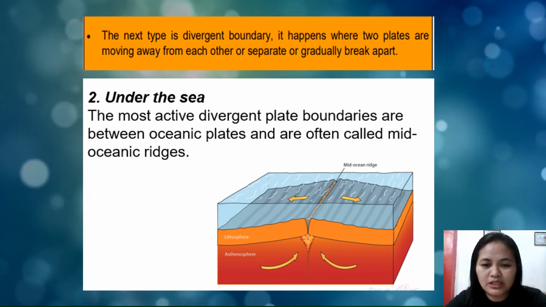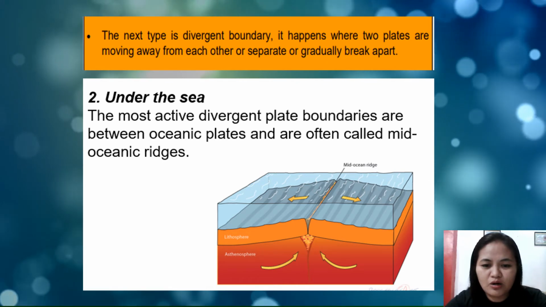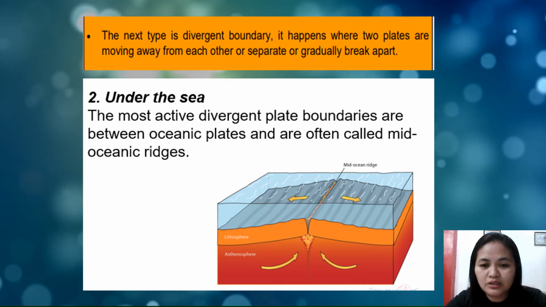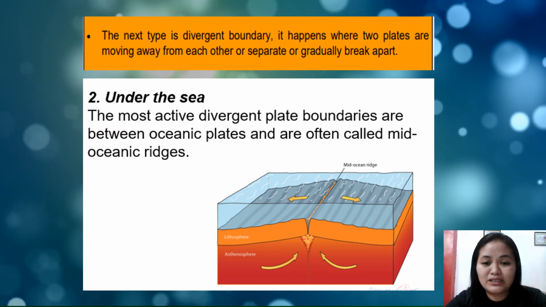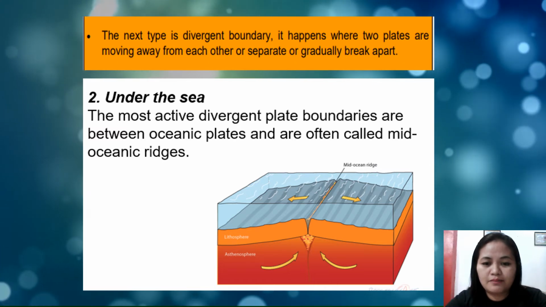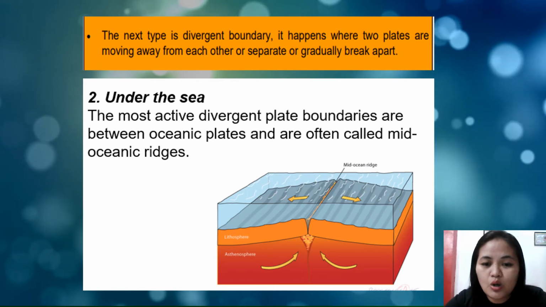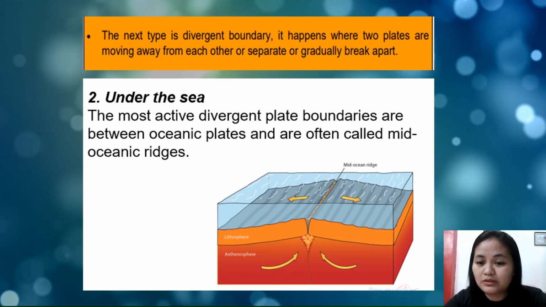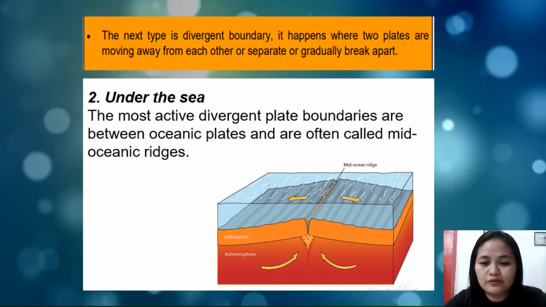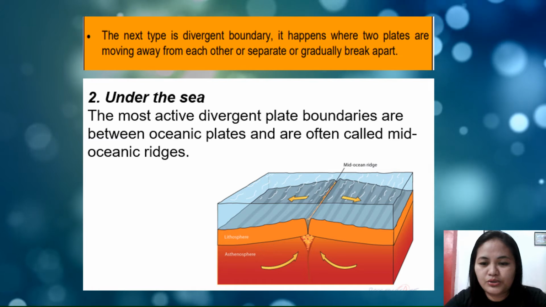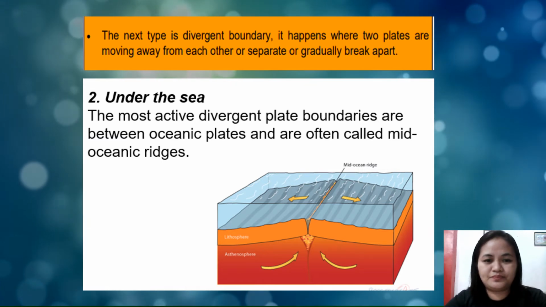And when these oceanic plates diverge or break up, magma also will come out, and that is why there is a widening of the ocean also, because eventually this magma that has come out will cool down, will be cemented, and will become the new sea floor, and this ocean is said to be widened.